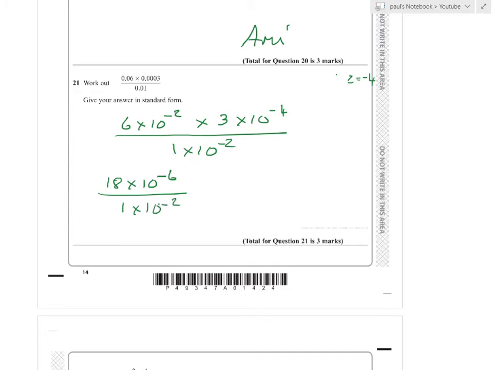So minus 6 minus minus 2 is minus 4. So I get 18 times 10 to the minus 4, which is 1.8 times 10 to the minus 3.